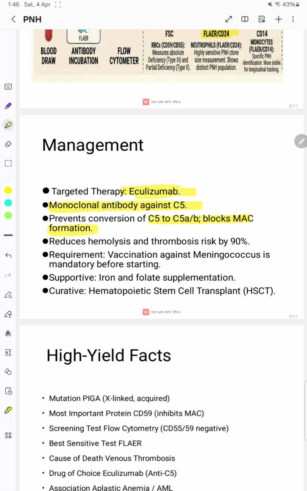This reduces the hemolysis and the thrombosis risk by 90%. So eculizumab is a very important drug, but this increases the chance of meningococcal infection. So vaccination is mandatory before starting treatment with eculizumab.